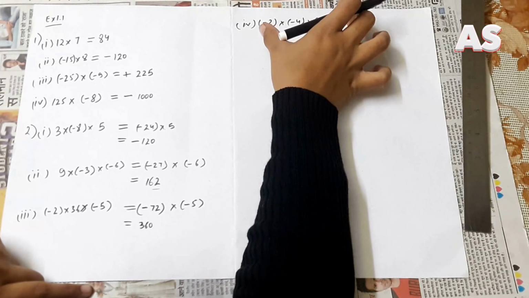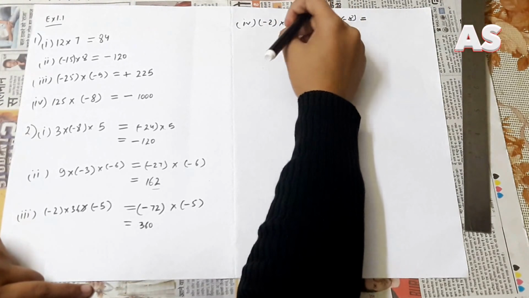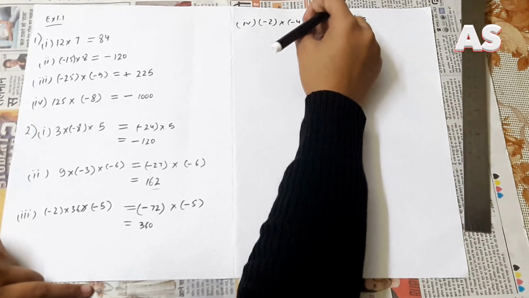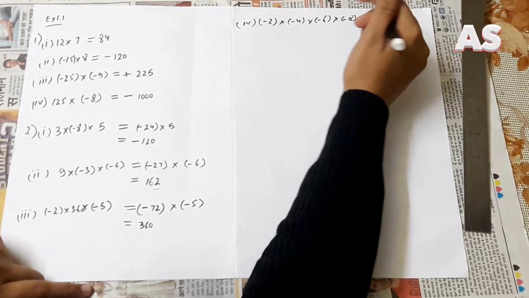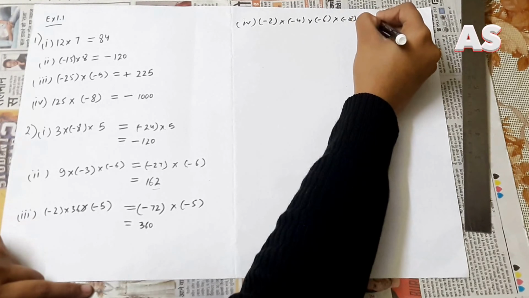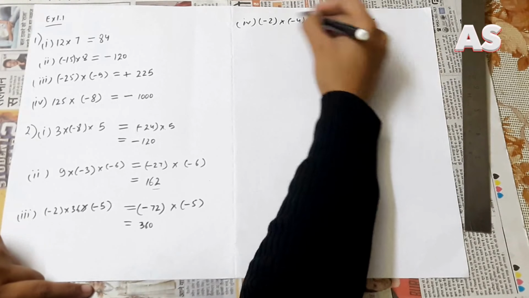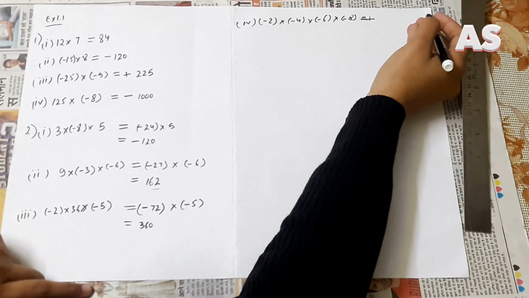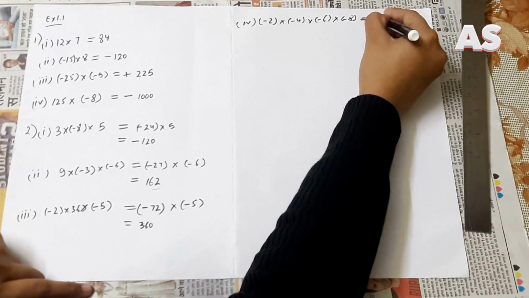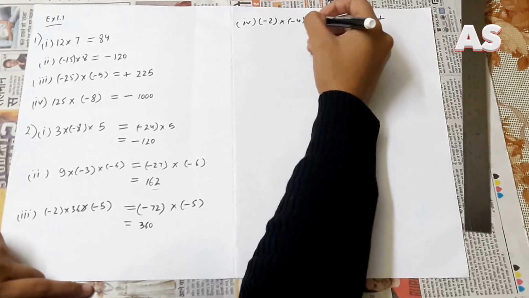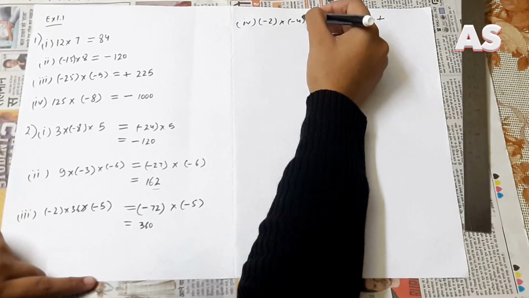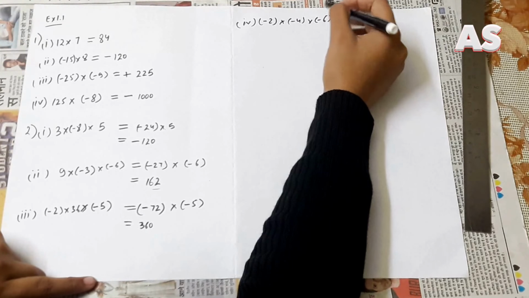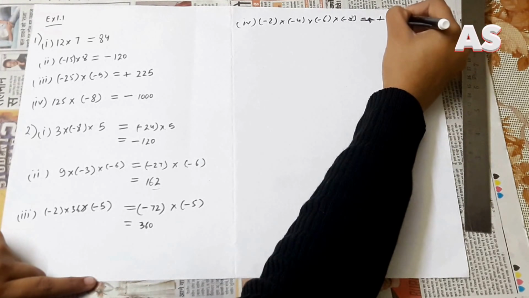As a fact, if you multiply negative integers an even number of times, the product you get is a positive integer. It's 4 times, and 4 is an even number, so the product would be positive. Now 2 into 4 is 8, 8 into 6 is 48, and 48 into 8 is 384.